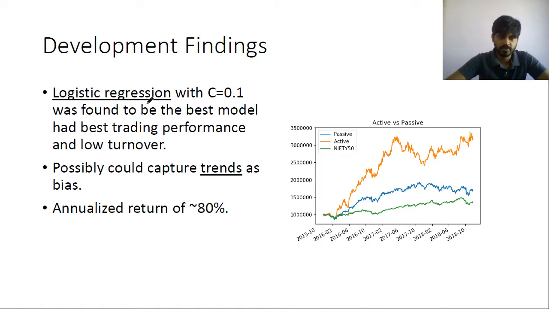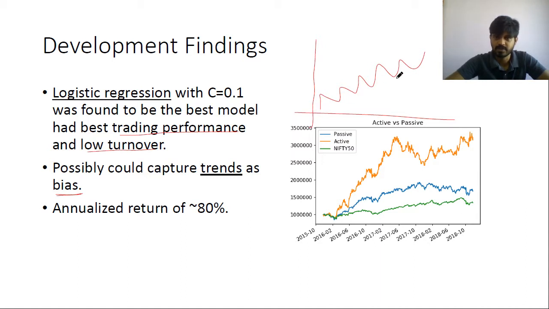So during the development process, we found logistic regression was the best model with regularization parameter C equal to 0.1. So it had good performance and low turnover. I think the reason logistic regression performed well is possibly that it could capture trends as bias in the model. So if I have price data which goes on like this, logistic regression would try to capture this.